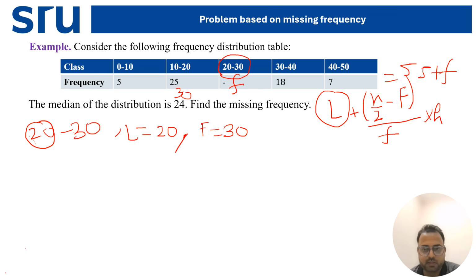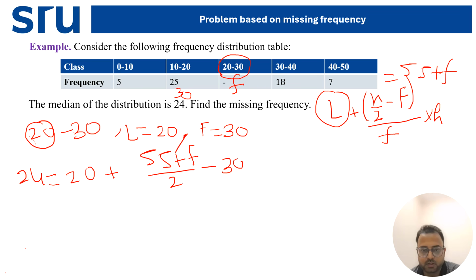So the median is given as 24. So 24 is equal to L value, 20, plus (55 plus f divided by 2, minus F value 30) divided by f, into 10.